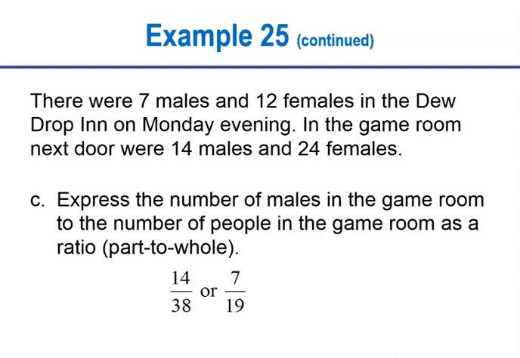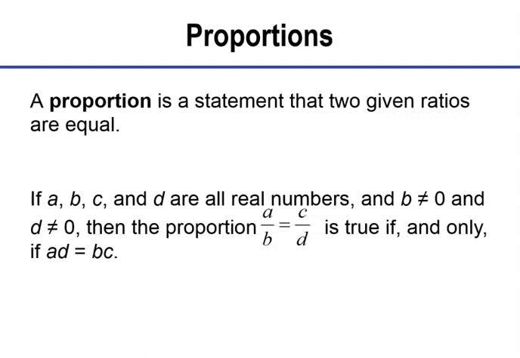Now, we know what a ratio is. What about a proportion? Well, a proportion is a statement that two given ratios are equal. Notice it says if A, B, C, and D are all real numbers, and B is not equal to 0, and D is not equal to 0. Why would we say that? Because notice they're in the denominator.